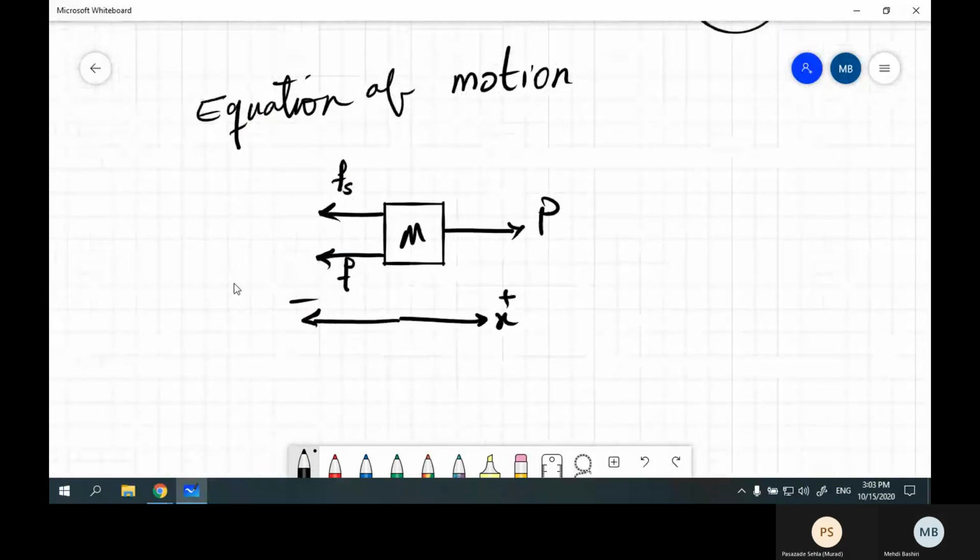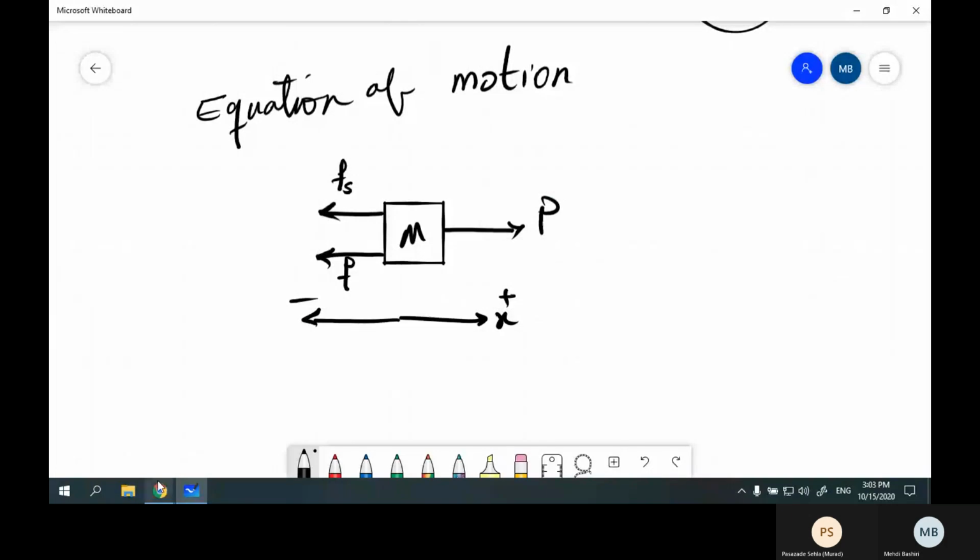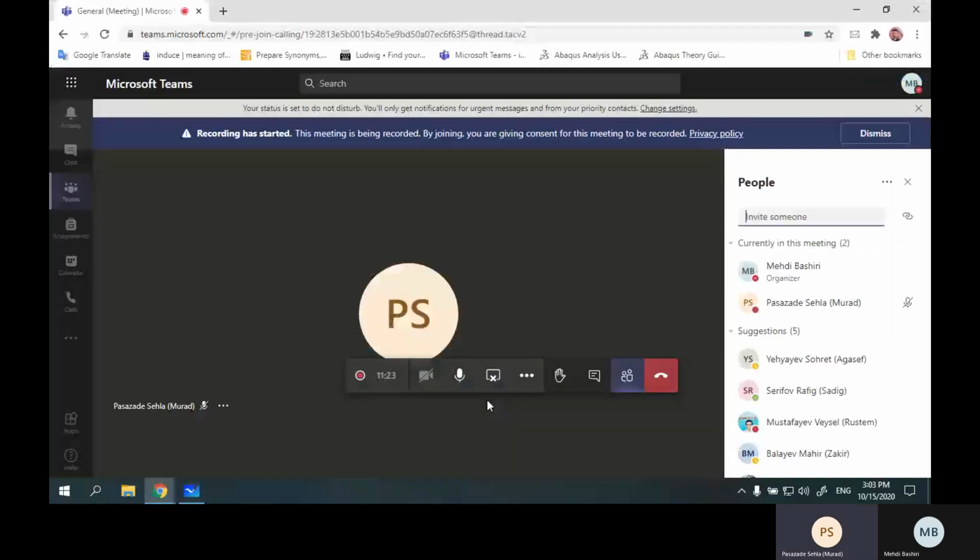Is it better now? Can you see the screen now? Okay.